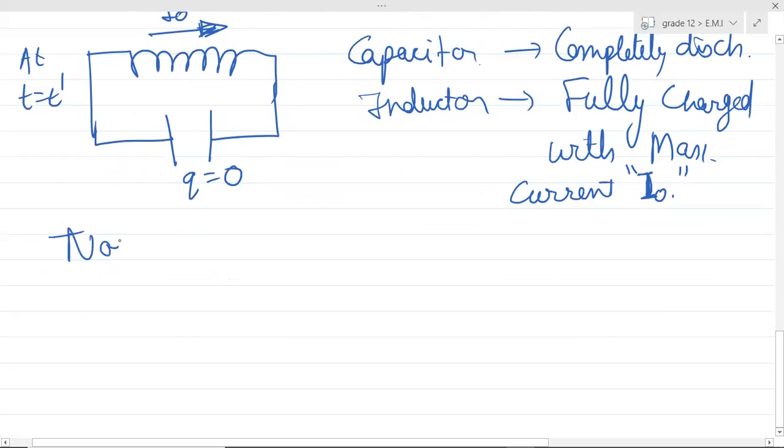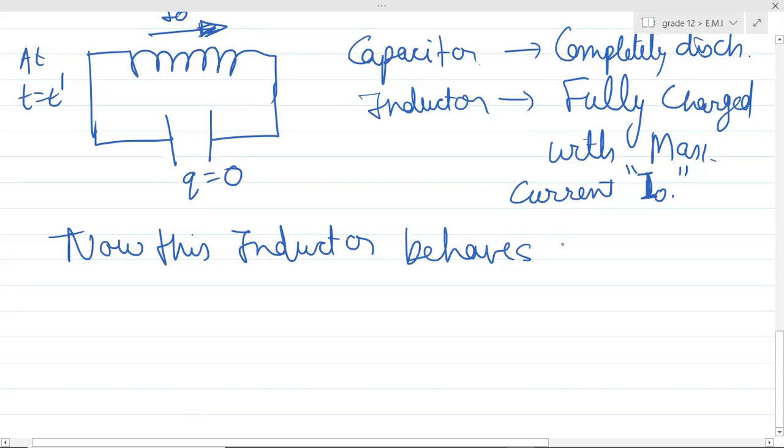Now this inductor behaves as, are you writing with me, guys? Okay. So if this inductor behaves as an active inductor, then what will happen?